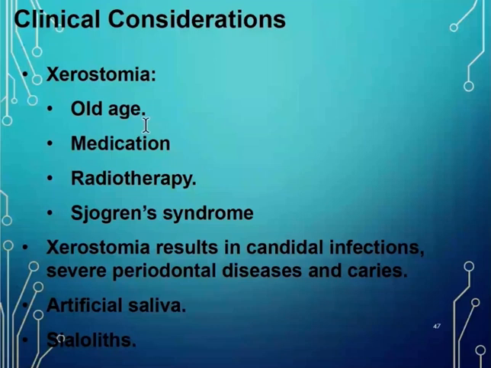For example, old age, because we have less secretory components and more fat component with age. Some medications may contribute to dry mouth. Radiotherapy, for example, and a syndrome of autoimmune origin called Sjogren syndrome also contribute to xerostomia.